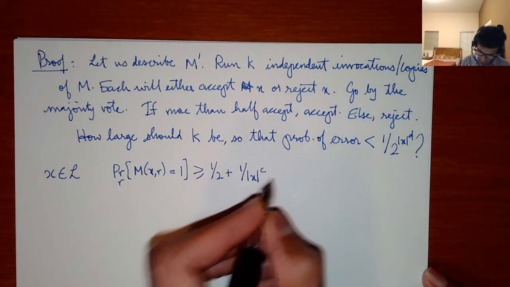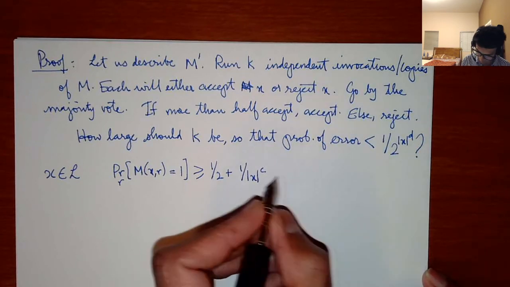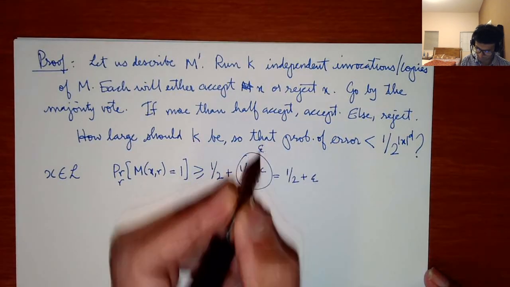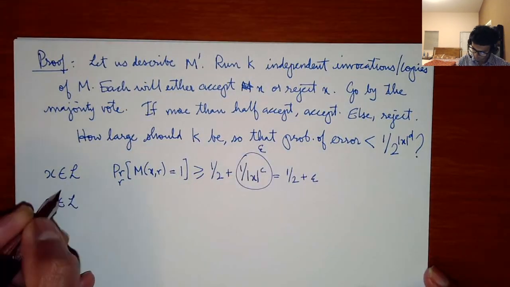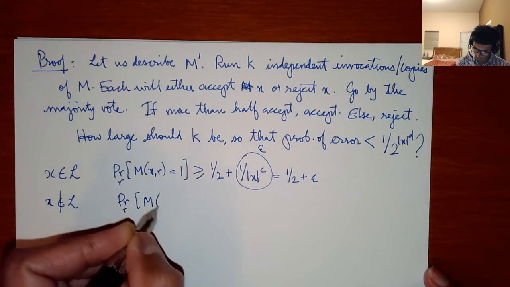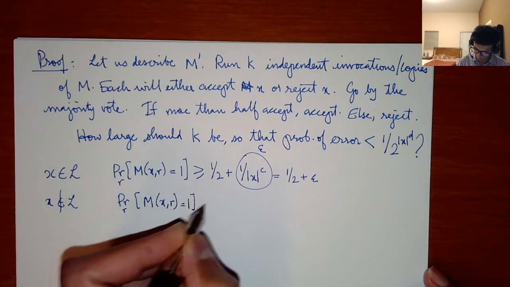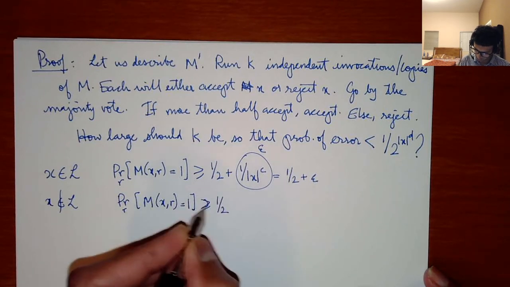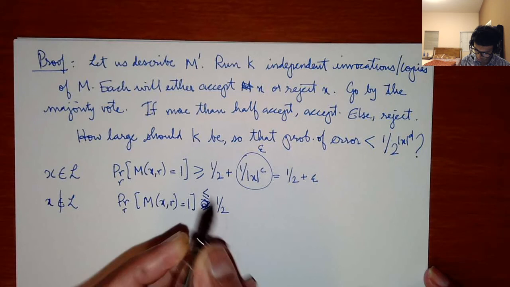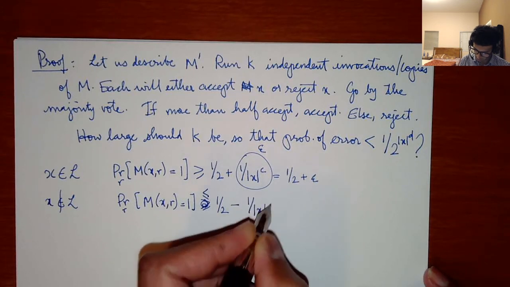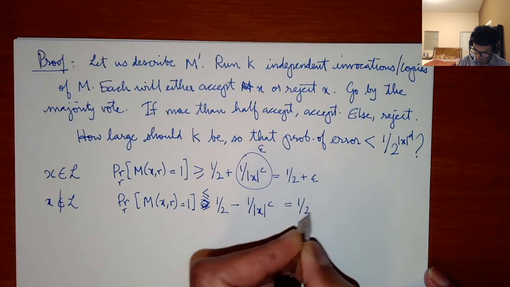I'm going to refer to this quantity as epsilon. So this is half plus epsilon. When x is not in the language, the probability over r that it accepts is at most half minus 1 divided by |x|^c, which is half minus epsilon.